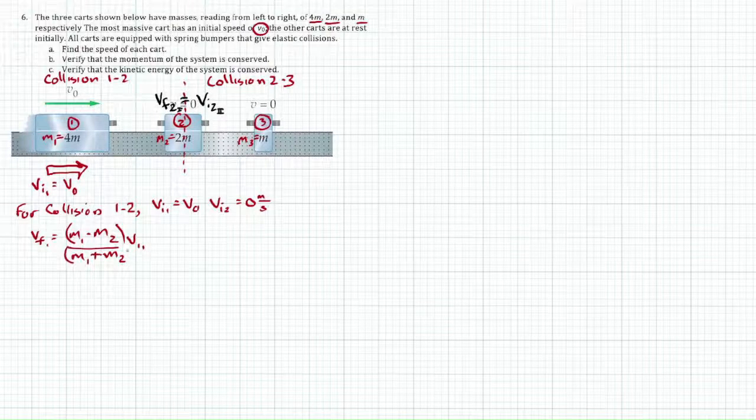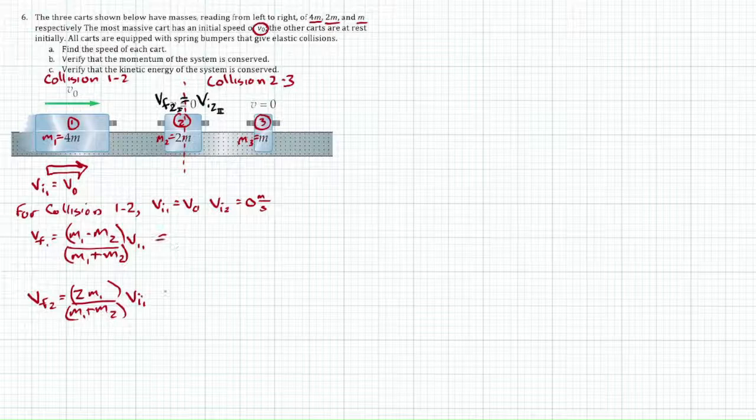I'm going to go with small brackets right now. Okay. And we can write that the final velocity of 2, using our other short equation, is going to be 2 times m1 divided by (m1 plus m2), all that also times the initial velocity of 1 as well.